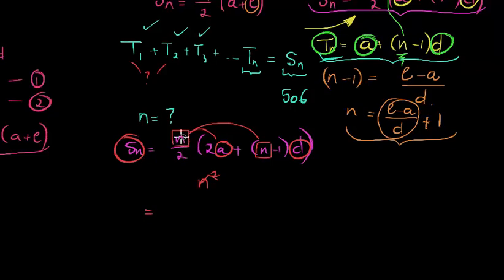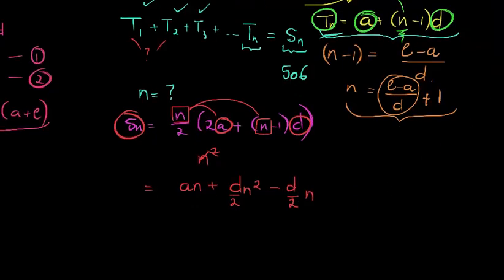If I multiply n over 2 with that, I get na plus, and if I multiply this one in, I get d over 2 n squared, and then minus d over 2 times n.